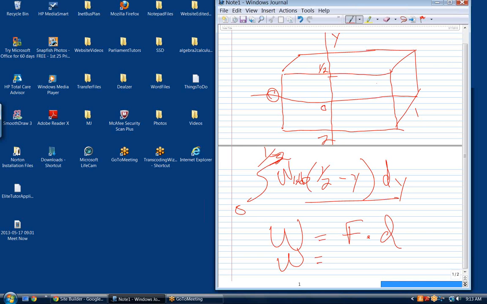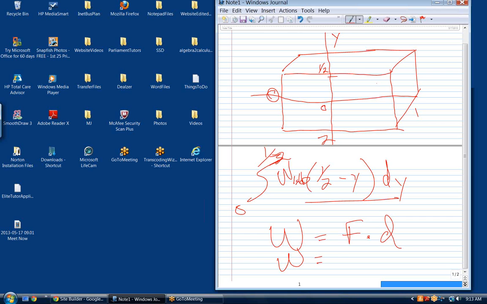So these are two classic problems illustrating two different techniques for finding work. One where you have a variable force, the other you have a variable distance. In this case here we have a variable distance because each slab of water doesn't have to travel the entire half meter, at least not if you pump from the top.